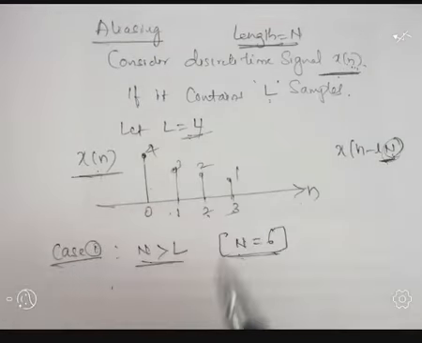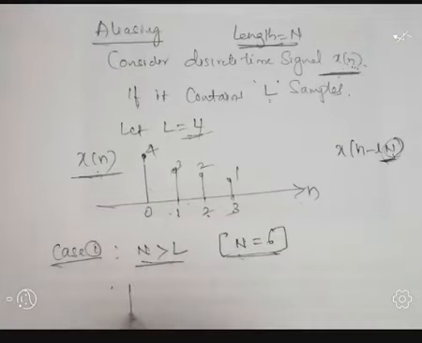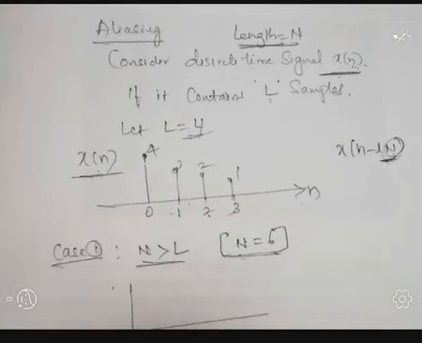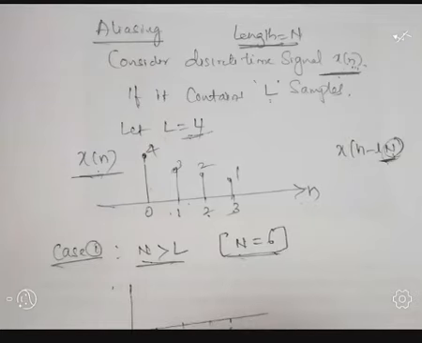This is the given signal. If it is a periodic signal, it has to repeat itself: 0, first, second, third, fourth, but it has to repeat after every 6 samples. This is the fifth sample, then first sample, second sample, third sample, fourth sample, fifth sample.